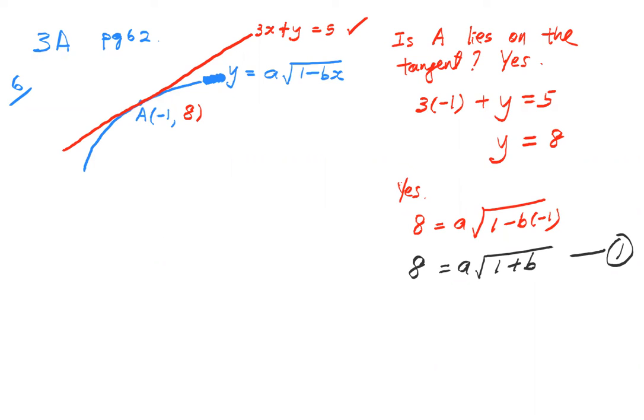How do I know the gradient at point A? Where does my slide start? I come from the equation of tangent. Still remember how you find the equation of tangent? Hello? Student, you know how to find?